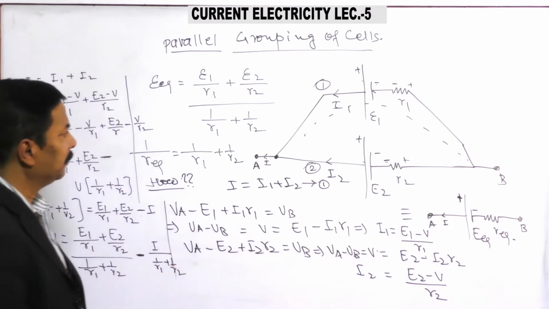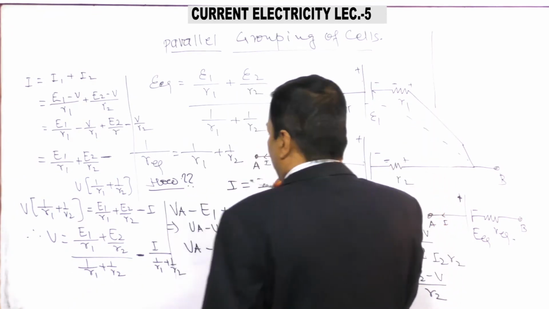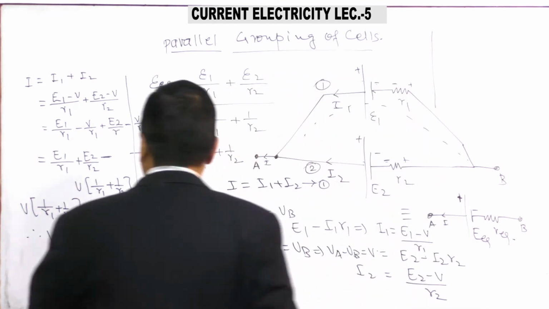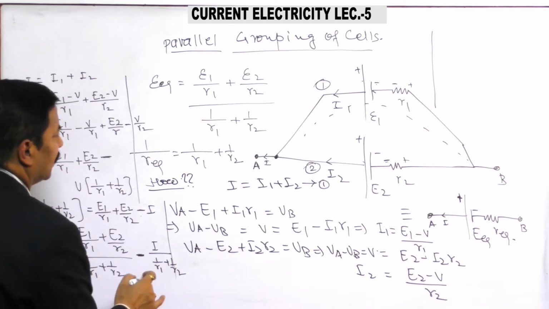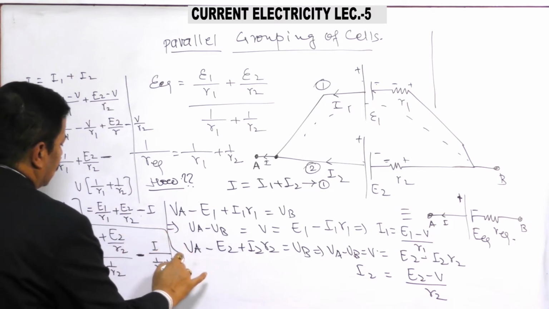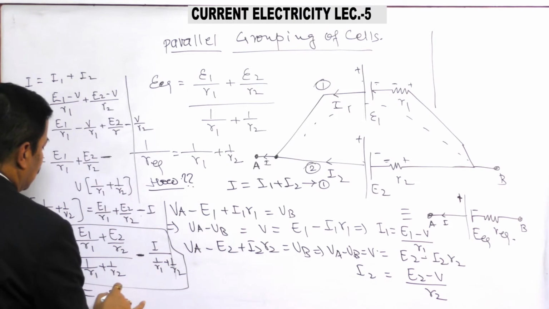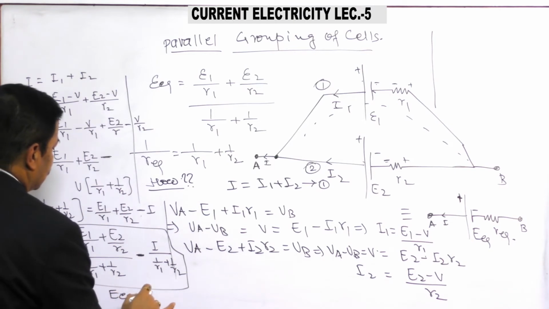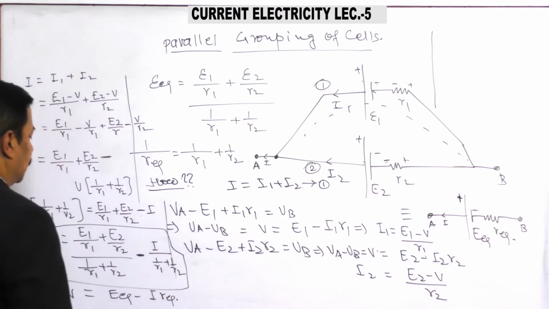Now you see, I am using this space of the board. Now you see V is equal to, now compare this equation with V is equal to E equivalent minus I R equivalent.